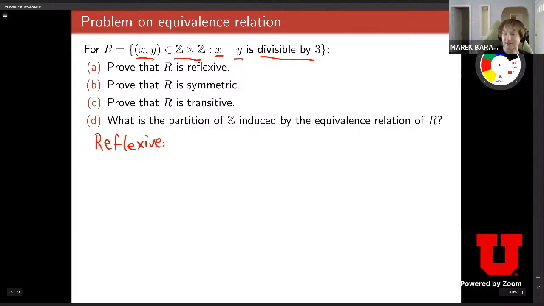I'll just write the definition and give you about a minute to solve it yourself. For all x in the integers, x is in R.